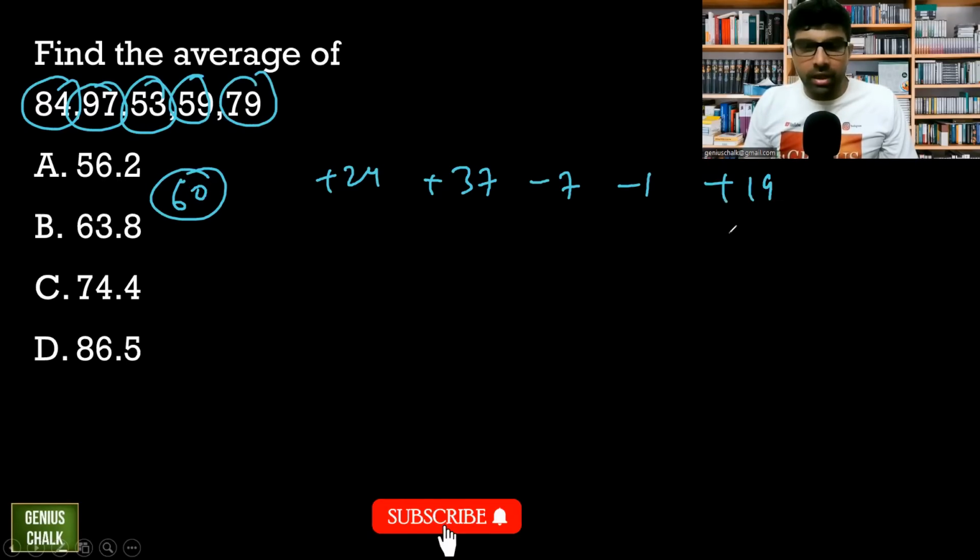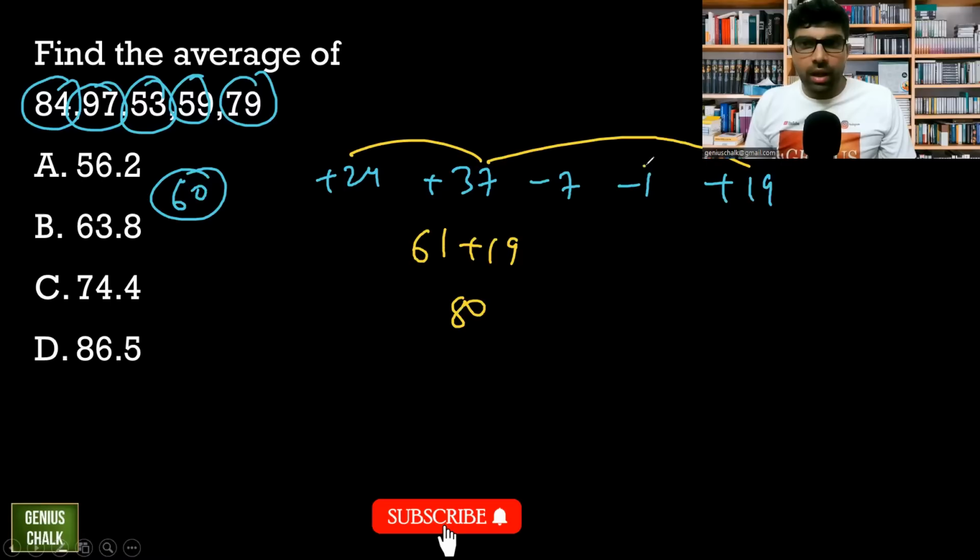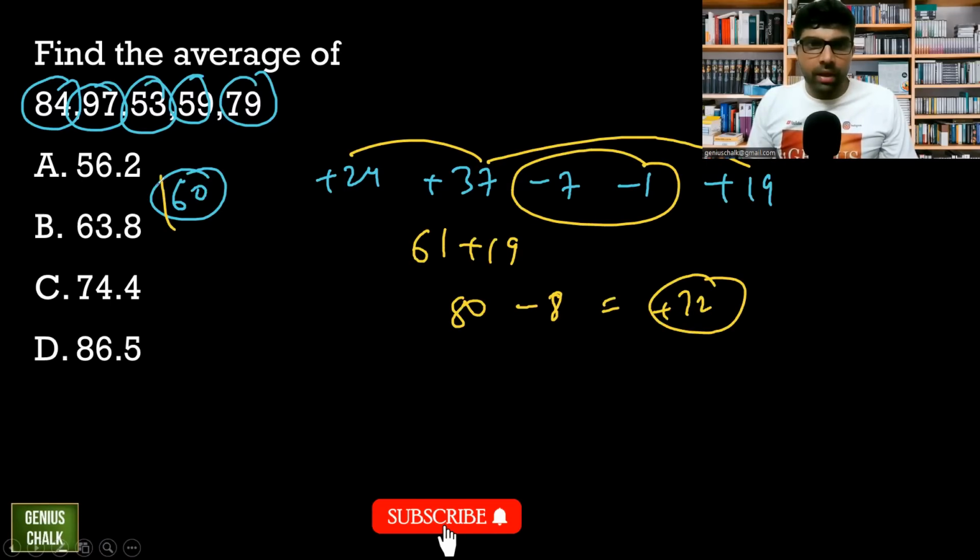This is plus 19. Now you just check 24 plus 37 plus 19. How much? This becomes 61 plus 19, 80. And this is minus 8. So this is 72.